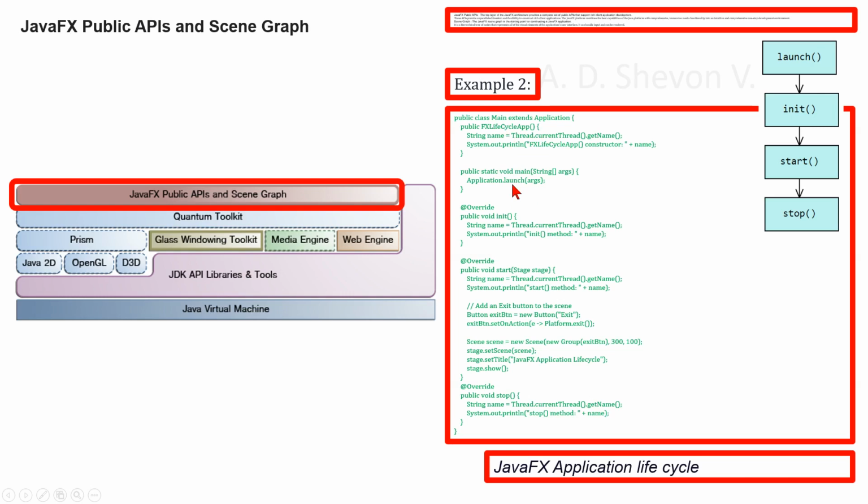It must be a subclass of Application or a runtime exception will be thrown. Launch method does not return until the application has exited, either via a call to Platform.exit or all of the application windows have been closed.